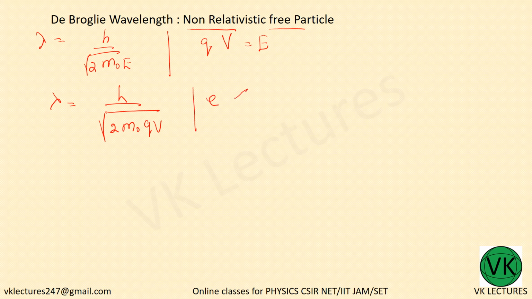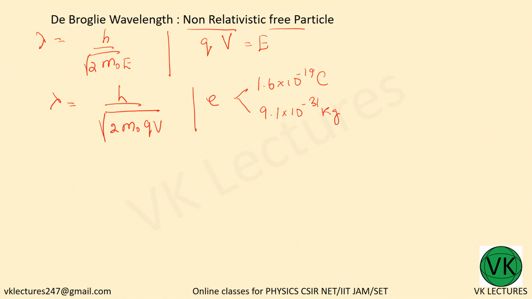Now suppose this charged particle is an electron. So what is the charge of this electron? Charge of this electron is 1.6 into 10 to the power minus 19 coulomb, and mass of this electron is 9.1 into 10 to the power minus 31 kilogram. Now substitute these two values.